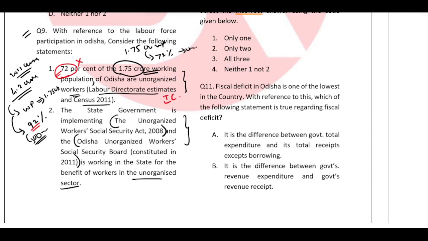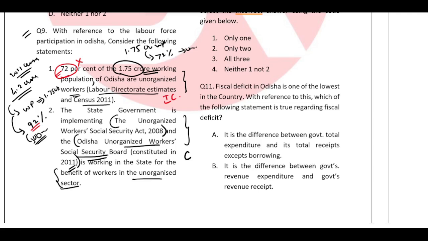The state is implementing the Unorganized Workers Social Security Act 2008 and the Odisha Unorganized Workers Social Security Board, which was constituted in 2011. They are working for the benefit of workers in the unorganized sector. This statement is correct. This Social Security Board for the unorganized workers was indeed established in 2011 and it is working for the benefit of unorganized sector workers.